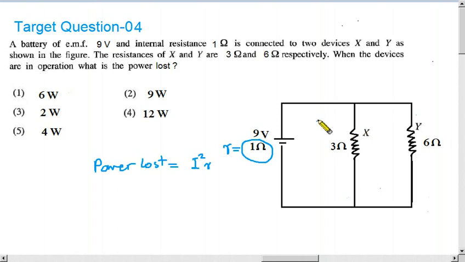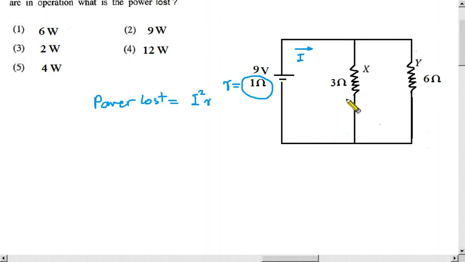So we have to find the total current as previously. The equivalent resistance is 2 plus 1 is 3, so 9 divided by 3 is 3 ampere. The current is 3 ampere. We don't have to divide the current among each resistor now, because through the cell the current is 3 ampere.